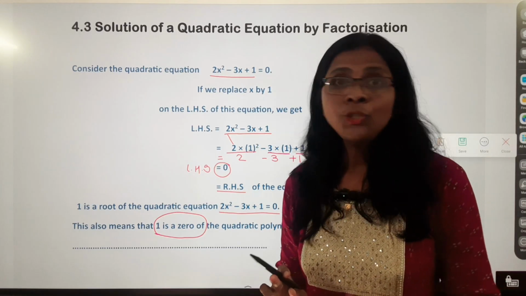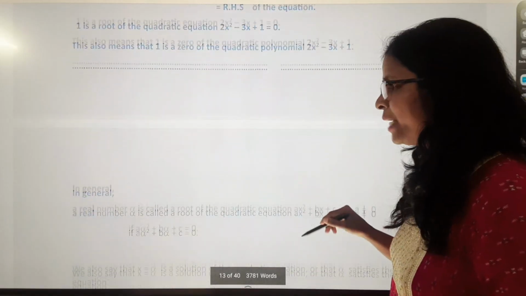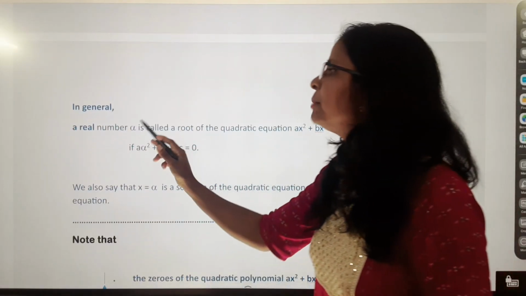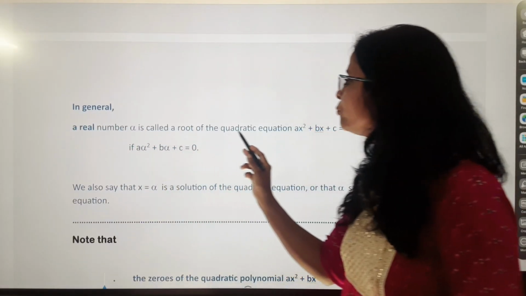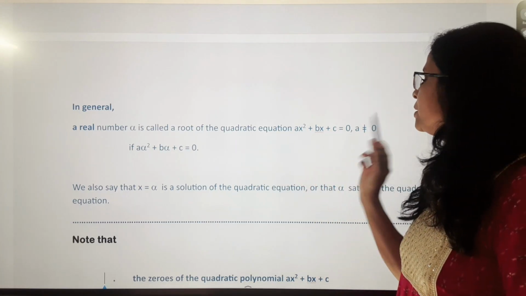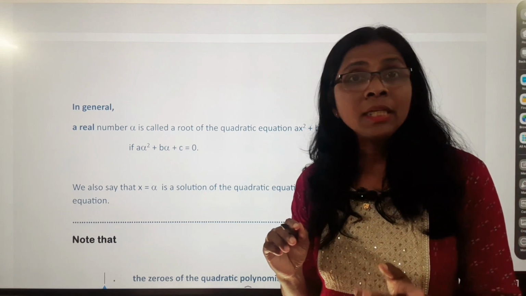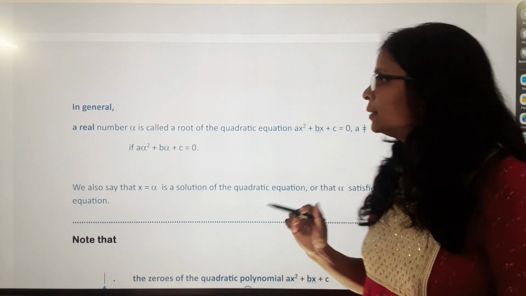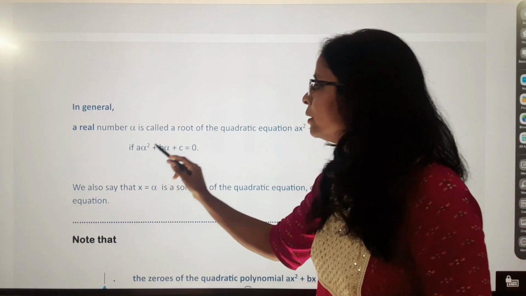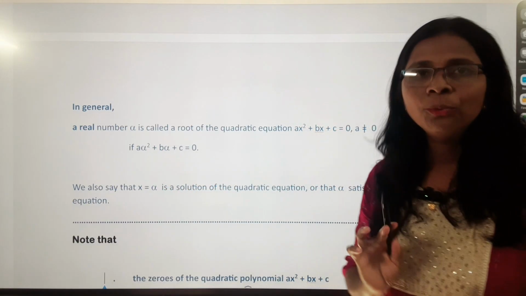So now in general we can say that a real number alpha is a root of the quadratic equation ax square plus bx plus c is equal to 0, where a, b, c are real numbers and a is not equal to 0, then a alpha square plus b alpha plus c is equal to 0.